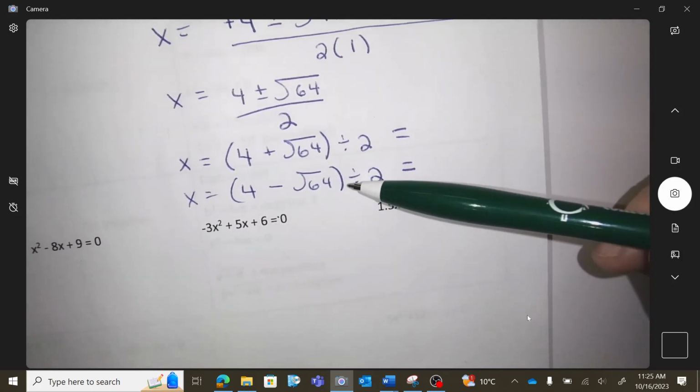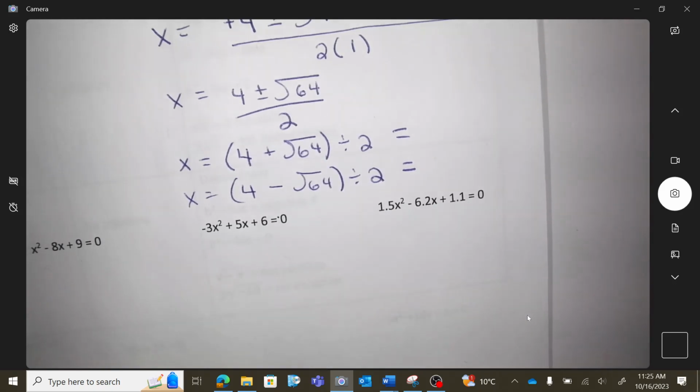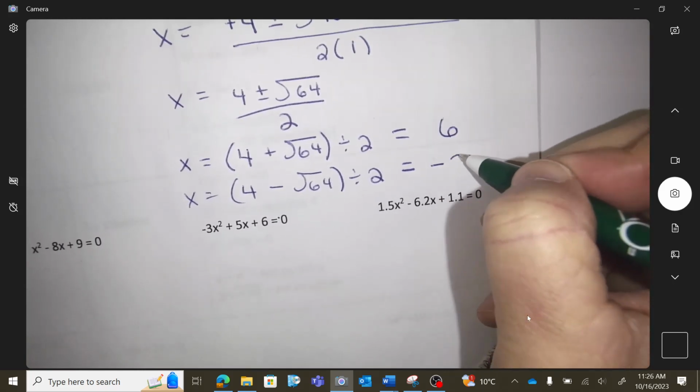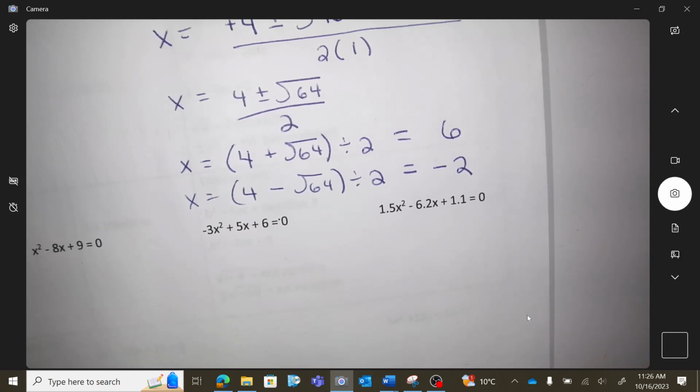Can you type that? And what did we have on the other side? Did it match a 6 and a negative 2 from our factoring? Okay, but obviously the most important skill here is actually just how to type stuff. Can you type that in properly?